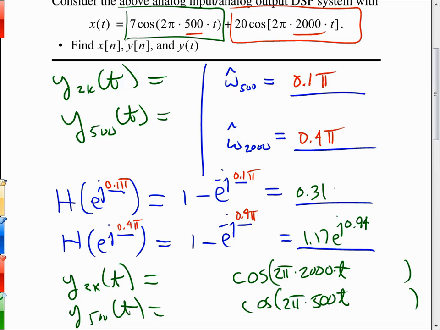At a lower frequency, we have a lower amplitude. This is a low-pass filter, so I'm suspicious. This filter has the shape kind of like this. It's going to roll down. That's right. That's why I looked at that.